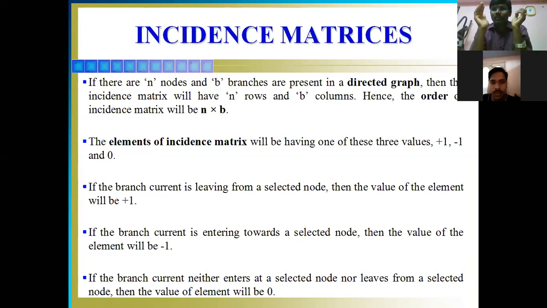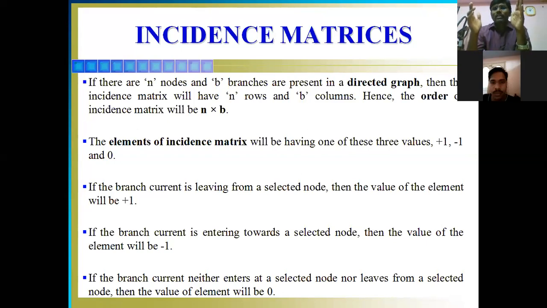Directed means oriented, meaning a direction is assigned to each branch. So before obtaining the incidence matrix, your graph must be connected and directed. In the directed graph, there are n nodes and b branches, and we are going to obtain the node-branch incidence matrix.